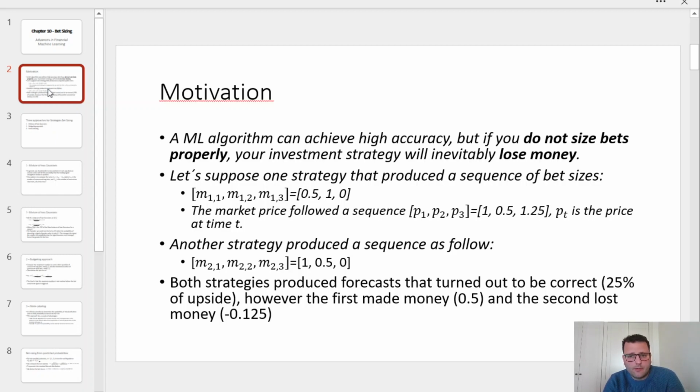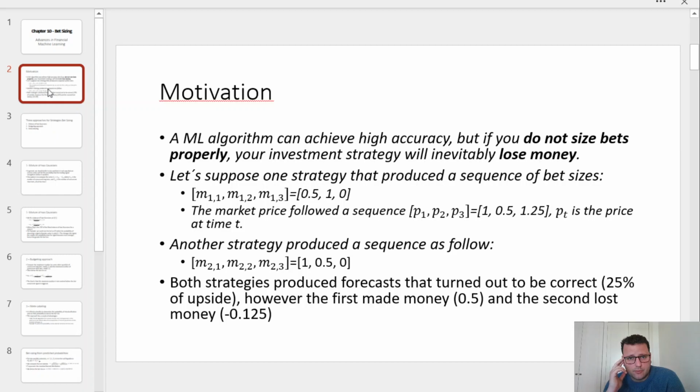In the beginning, we try to illustrate this with some examples: a machine learning algorithm can achieve a high accuracy, but if you do not size your bets properly, your investment strategy will inevitably lose some money. How can we see this?